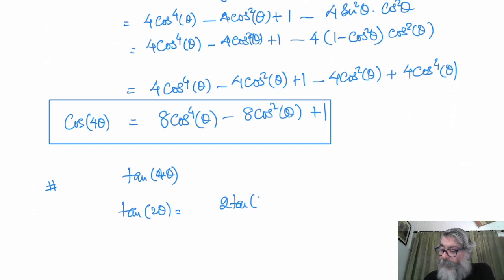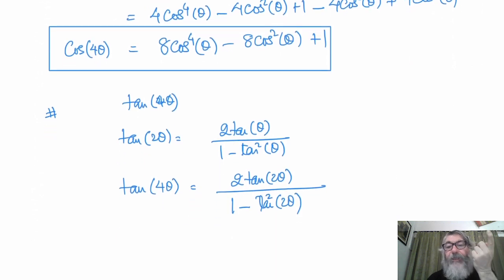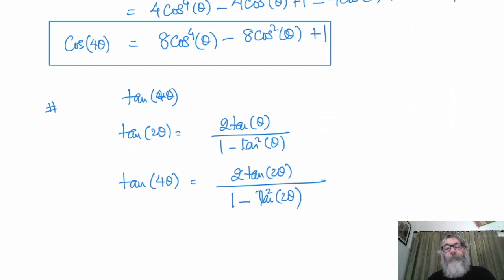So tan 4 theta will become 2 tan 2 theta upon 1 minus tan square 2 theta. First we have expressed it in terms of 2 theta. Then we are going to change tan 2 theta in terms of theta.